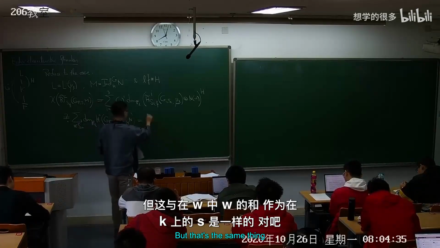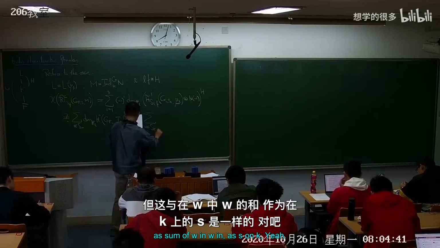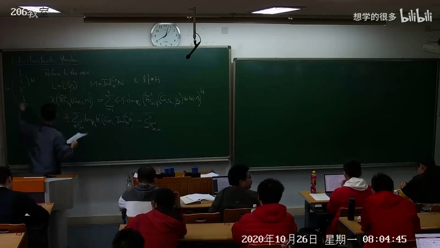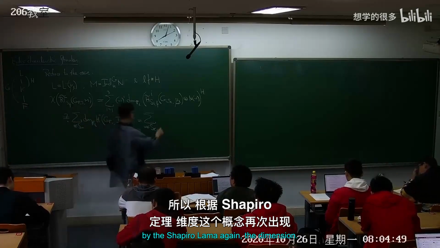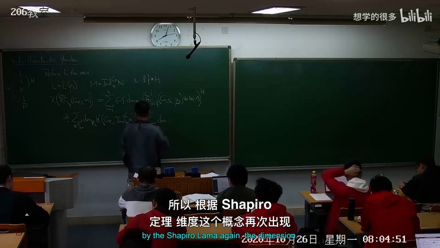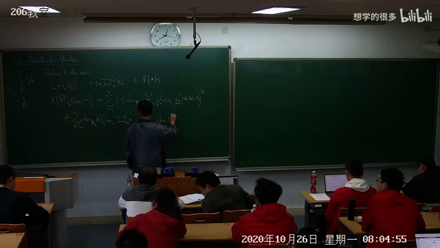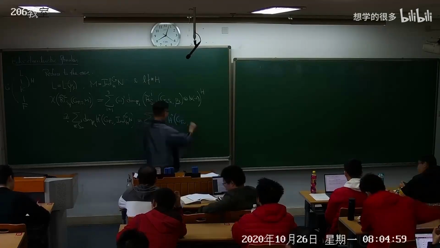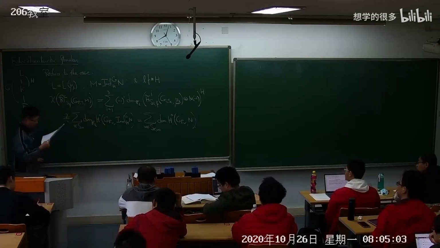But that's the same thing as the sum of W in S on K. Yeah. So, by the Shapiro lemma again, the dimension of, let me just write dimension without writing FL, so this is GFW of N. So you want to show these two are equal in some sense.